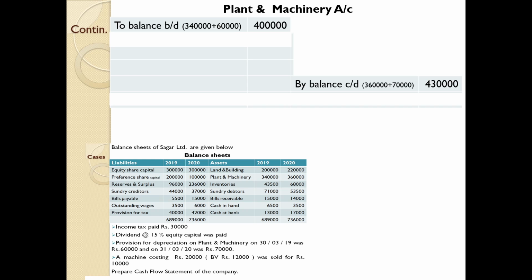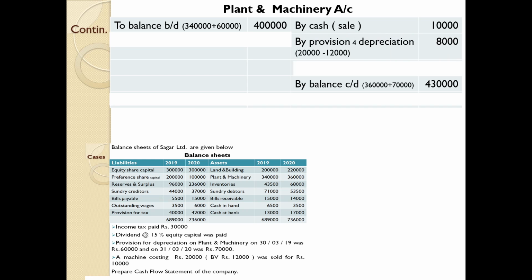So opening and closing balance is written, and in the question it is said that a machine costing a certain amount was sold for 10,000. So by cash sale 10,000 is written, and provision for depreciation is also given in the question. Here depreciation on machinery: it is said that during the year costing 20,000, its book value was 12,000.